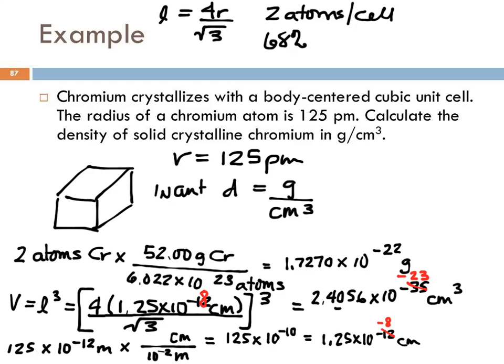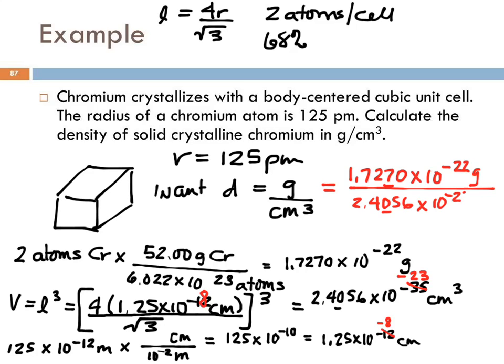Okay, so we're going to put these numbers in here. Density is the mass divided by the volume. So we're going to take 1.7270, which would have uncertainty there, times 10 to the minus 22 grams, and divide by 2.4056 times 10 to the minus 23rd cubic centimeters.